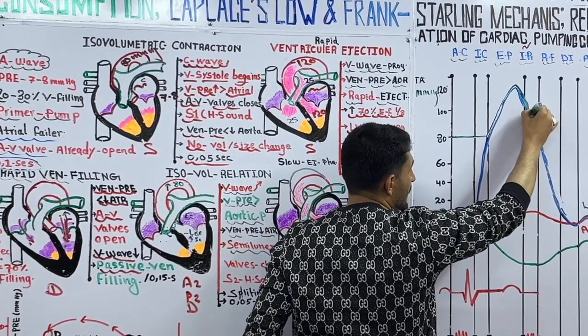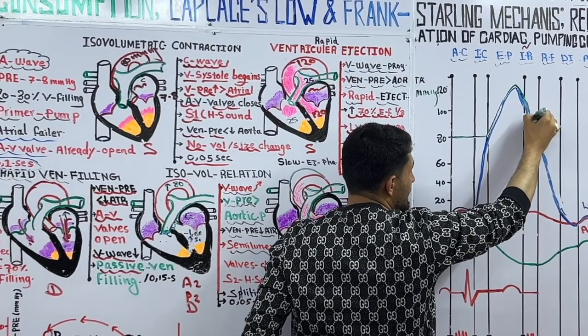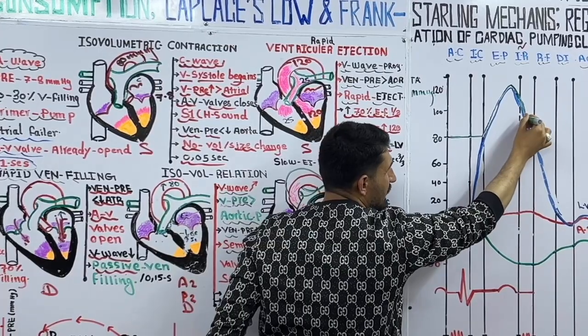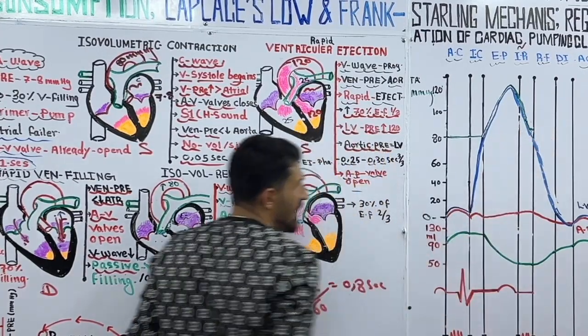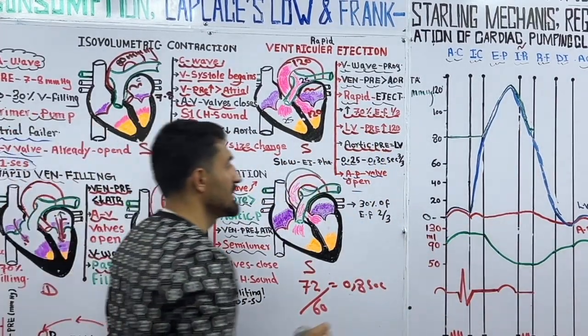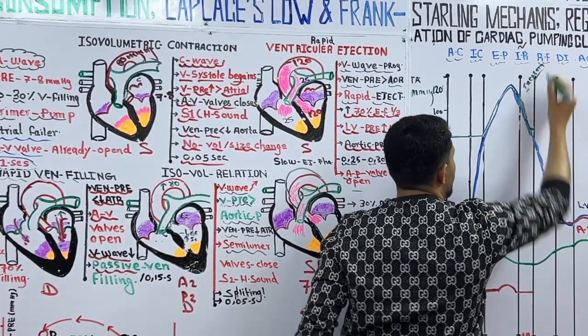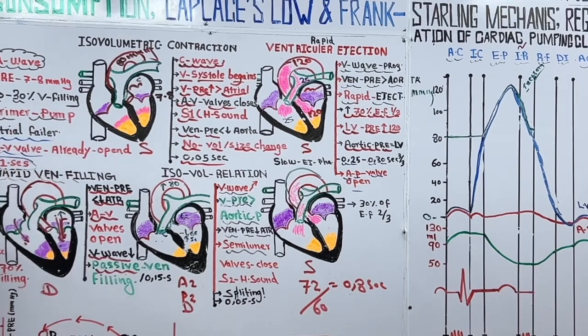Here it drops, and a small new curve will be produced here. This is called the incisura. I don't know the spelling of it, but this is called the incisura. Why is this produced?